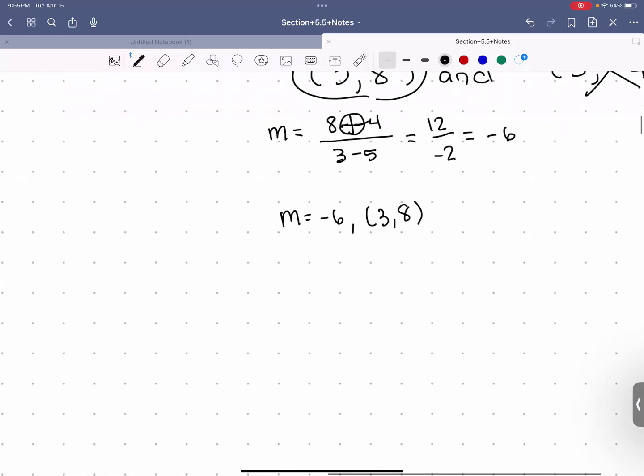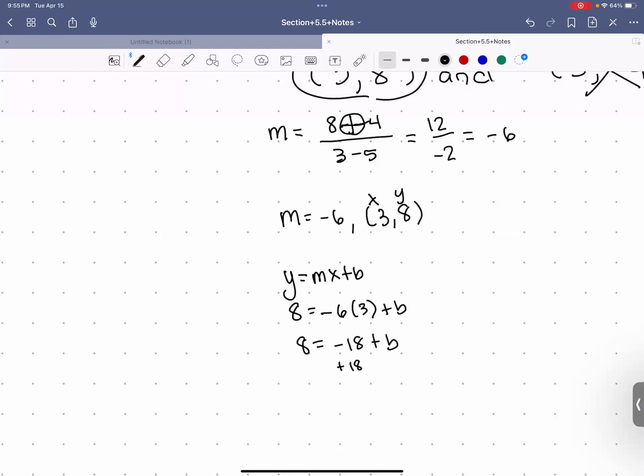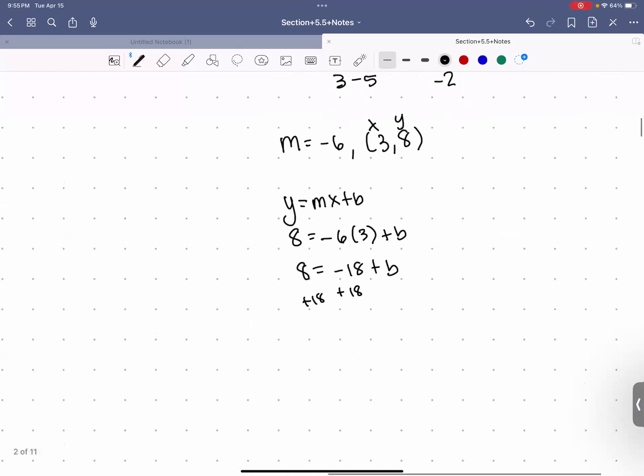So we could do our slope intercept form again, I guess. Y equals mx plus b. This will be x, this will be y. So we will have 8 equals -6 times 3 plus b. That gives me 8 equals -18 plus b. To solve for b, we need to add that 18 to both sides.